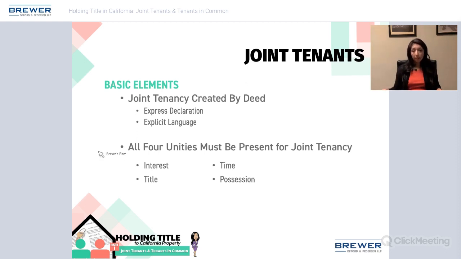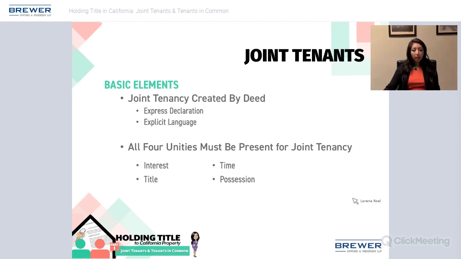So I would probably X out the joint tenants and say what you intended was tenancy in common with a different percentage of ownership. And that's most likely what would happen, because, again, it's not equal ownership.